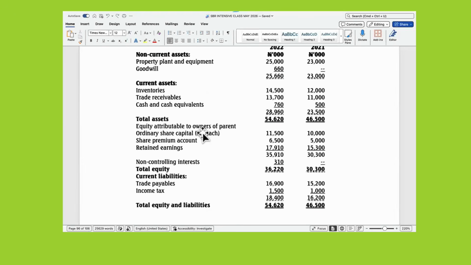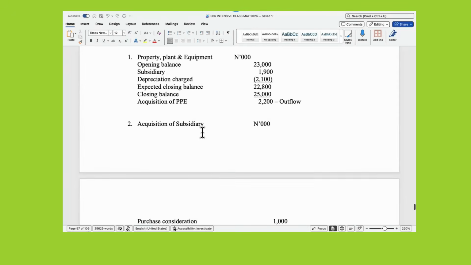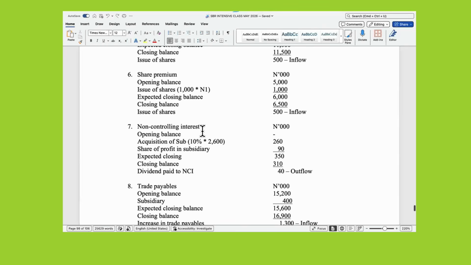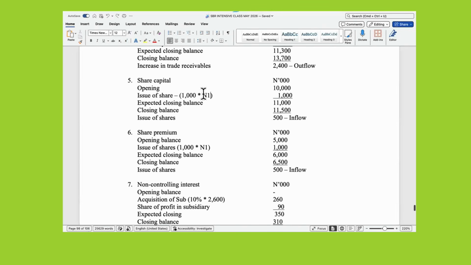So the extra 1 naira is premium. It's just a coincidence that it's 1 and 1. This 1 naira here is the nominal value, and this 1 naira here is the premium, because they issued the shares at 2 naira. Okay, sir. Thank you.